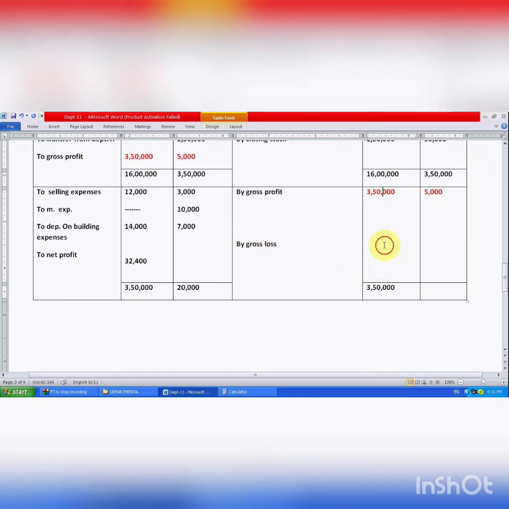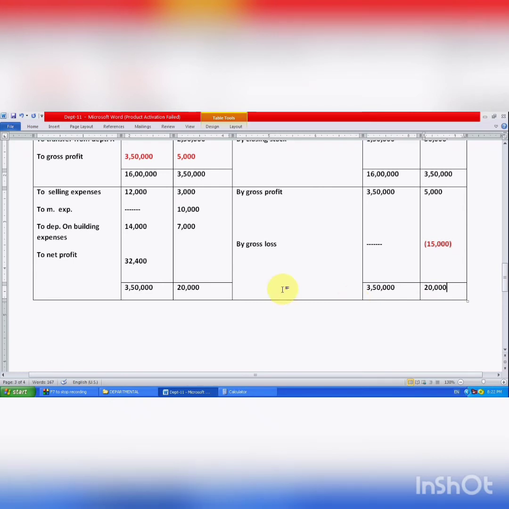Okay, so here in department, here is completely nil, or else you can, okay, here loss is 15,000. Okay, take loss in red mark because it is gross loss. Okay, so the total overall will be 20,000.